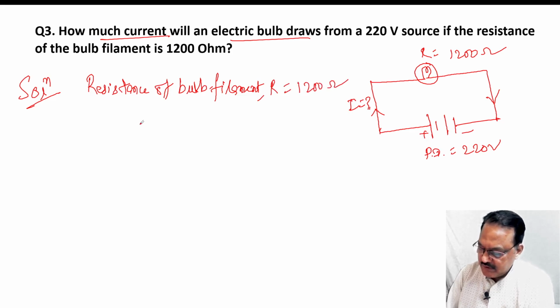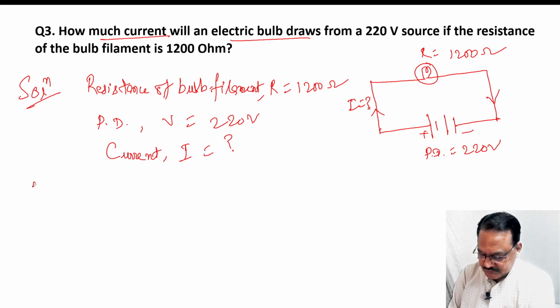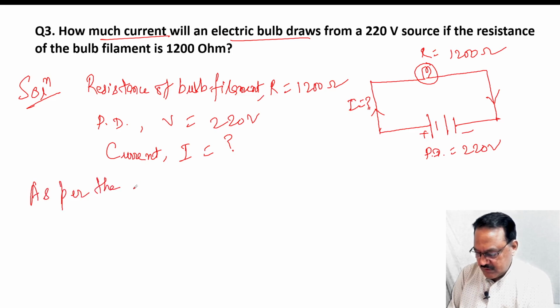The next, potential difference or voltage across it, to be denoted by V, is 220 volt. And current flowing through the circuit, I, is to be calculated. Current I equal to what? Same way, as per Ohm's law.